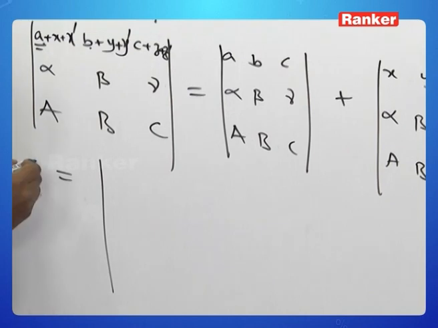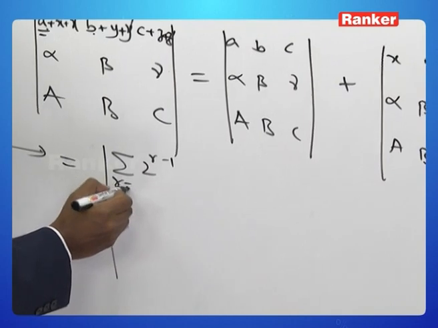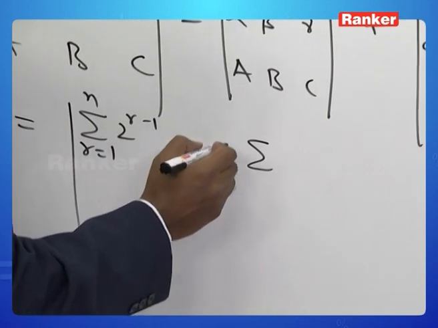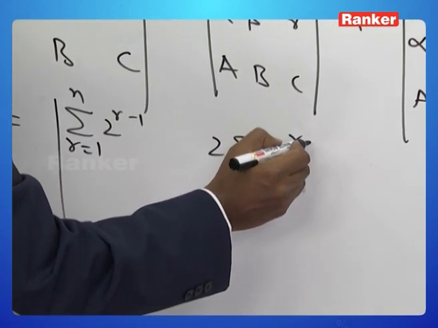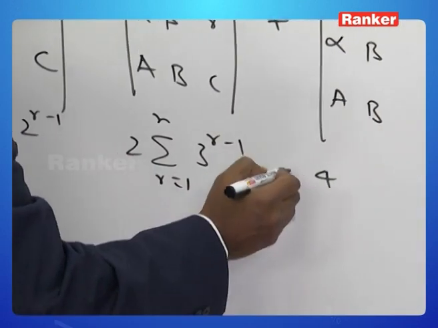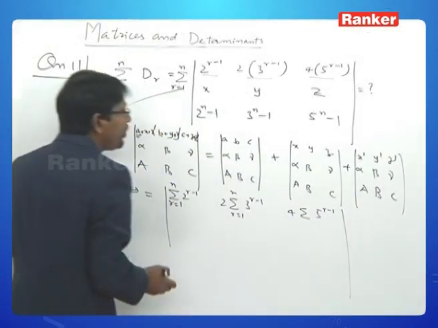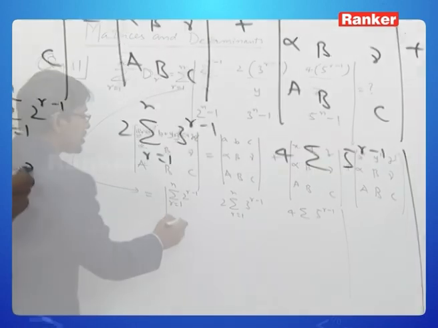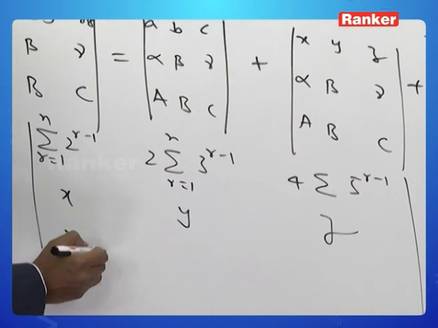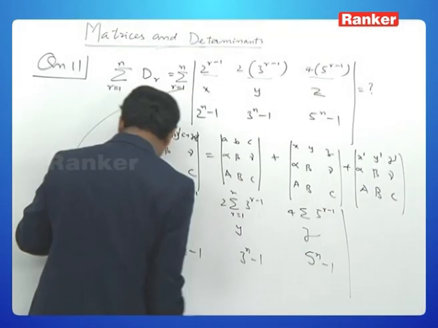So I can rewrite this as sigma 2 power r minus 1, r ranging from 1 to n, and then this entry will be 2 into sigma 3 power r minus 1, r ranging from 1 to n, 4 into sigma 5 power r minus 1, keeping the other two rows as they are: X, Y, Z, 2 power n minus 1, 3 power n minus 1 and 5 power n minus 1.